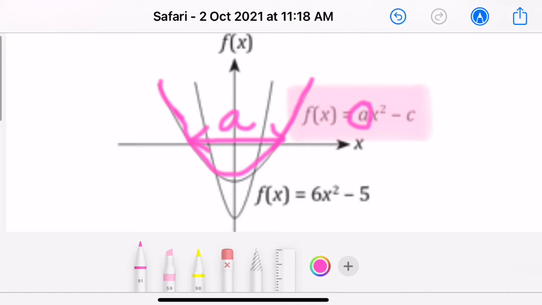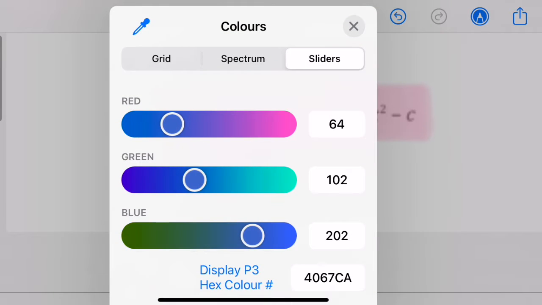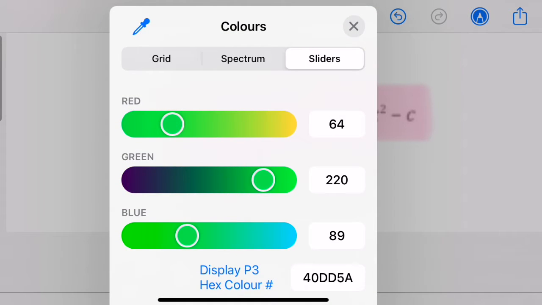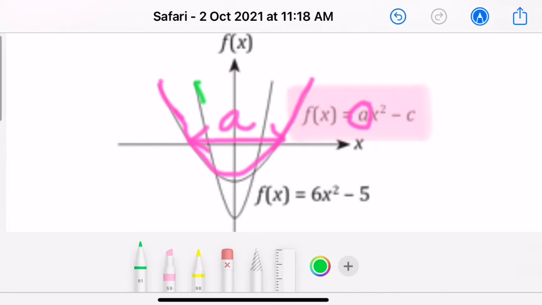The smaller a is, the wider the parabola; the bigger a is, the narrower. Meaning that for 6, let's use another color, this parabolic shape is narrower. Can you see here? I'm going to highlight it.